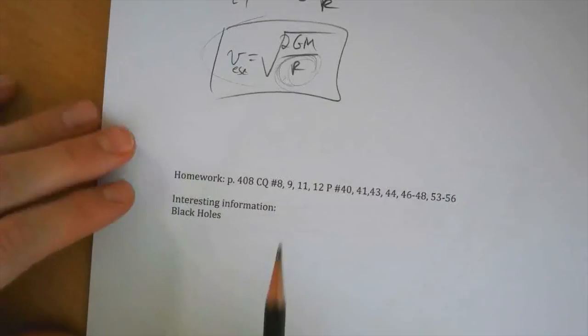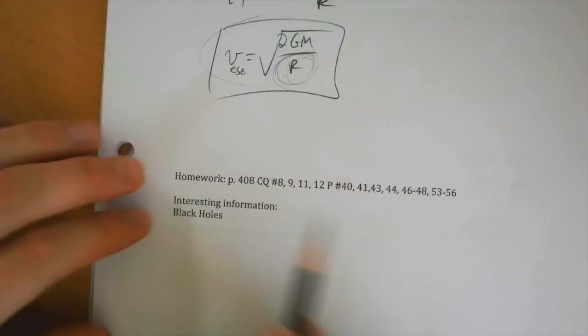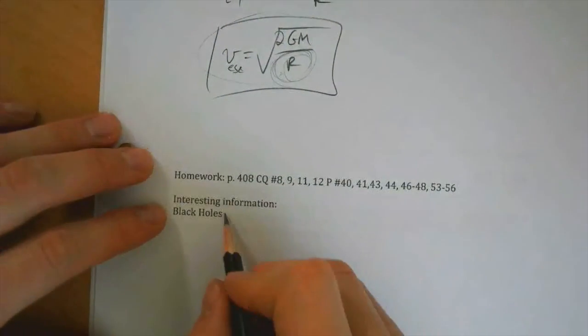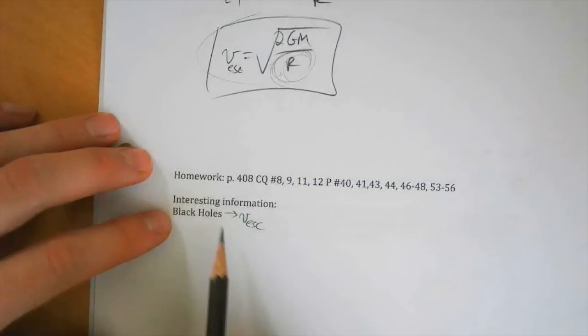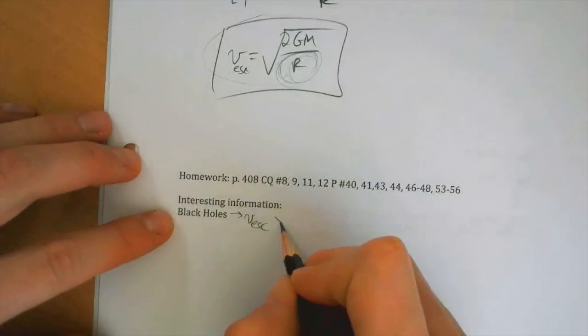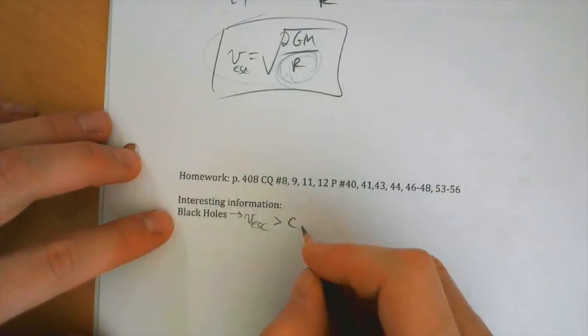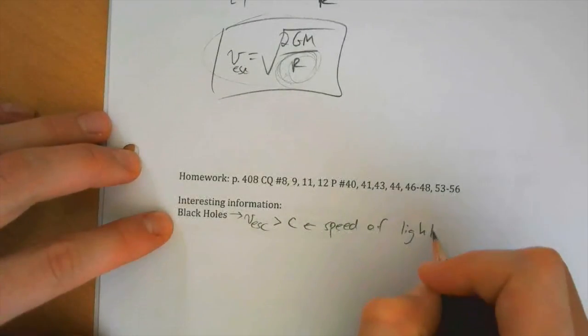This is all related to gravitation and orbits and whatnot. Some interesting information, which isn't something you'll need to know on the exam, but it's just interesting. Black holes: the definition of a black hole basically is that there exists some point near the object where the escape velocity is greater than c, the speed of light.